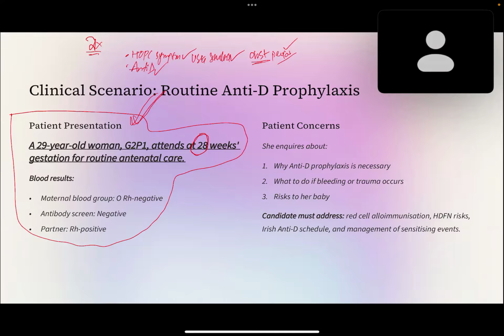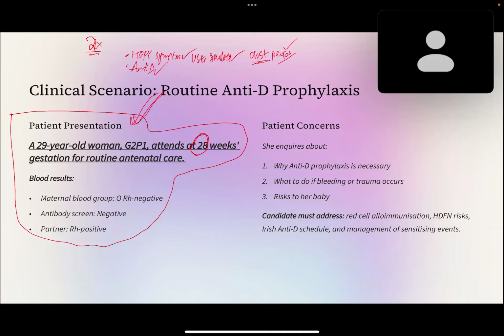Like you told, fetal anemia, what are the other consequences for the baby other than anemia? We can have anemia and, I forgot altogether, immune hydrops.